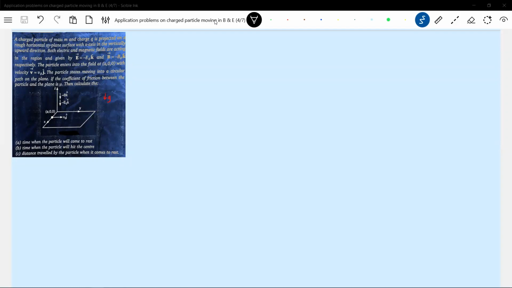So there's a charged particle which is projected from the point (a, 0, 0) along the positive y-axis, and there's an electric and magnetic field directed along the negative z-axis, so minus B naught k cap and minus E naught k cap is what he has mentioned. Okay, let's do one thing.